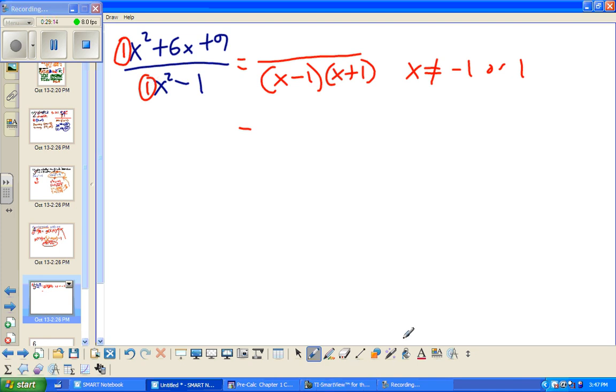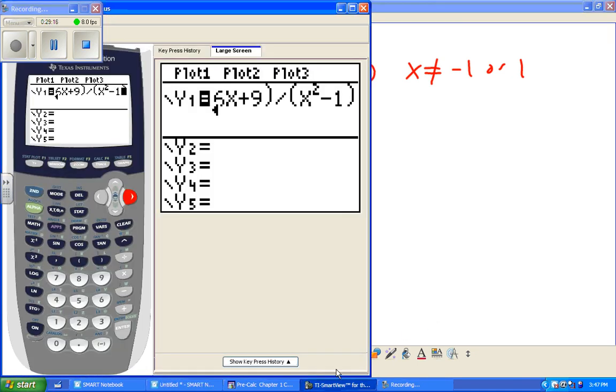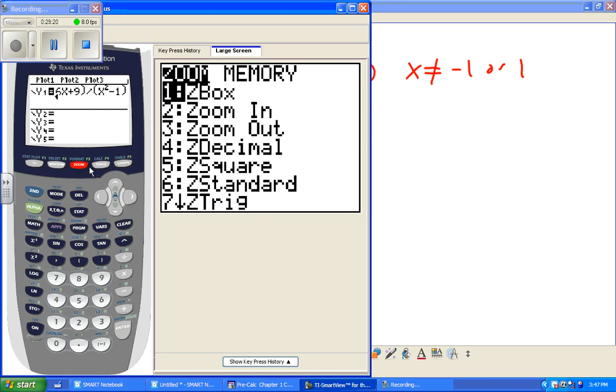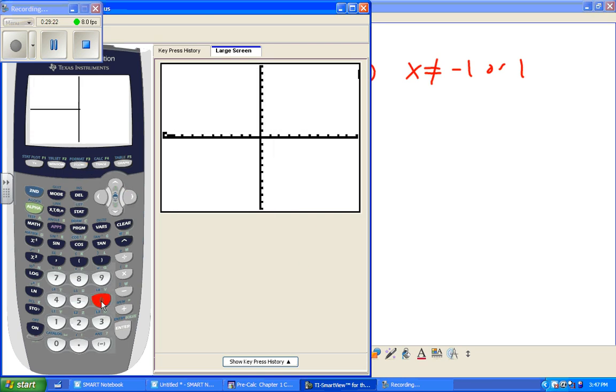Let's take a look at a graph of that. So I plug that in. If I go to my graph, I always just do zoom 6 right away. Here's my graph. And basically, what I'm seeing here is it looks like the graph is coming down here as I'm going to the left.